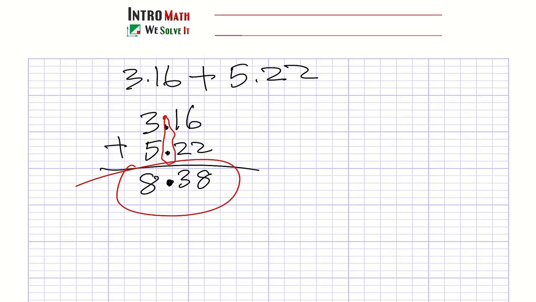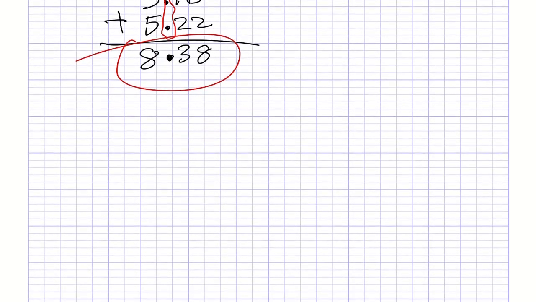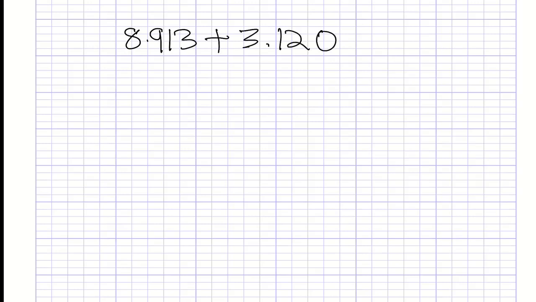So let's do another example right here. We'll say 8.413 plus 3.120. What do you do? You line things up. 8.413, and then put a plus sign there, 3.120.